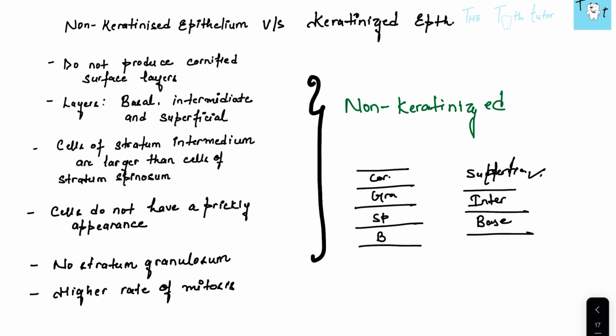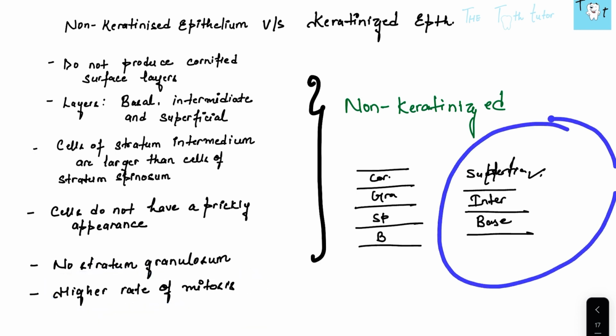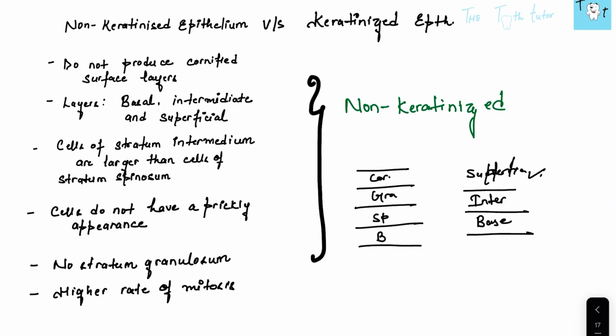There is no stratum granulosum, and this has a higher rate of mitosis. In the turnover rate, we studied that the non-keratinized epithelium is faster, so it has a higher rate of mitosis. These are the differences between keratinized and non-keratinized epithelium in the structure.